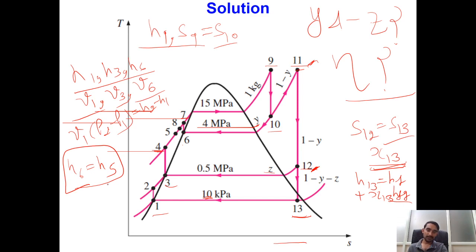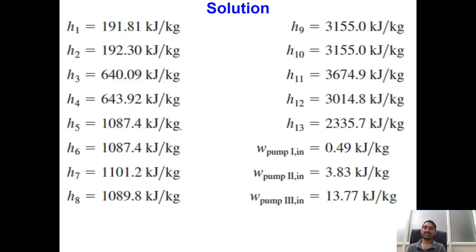Once these enthalpies are known, point number 5 and point number 7 mix, and that mixing gives the enthalpy of point number 8. If you apply all these formulations, you will find the different values of enthalpies and the corresponding pump works as shown here.